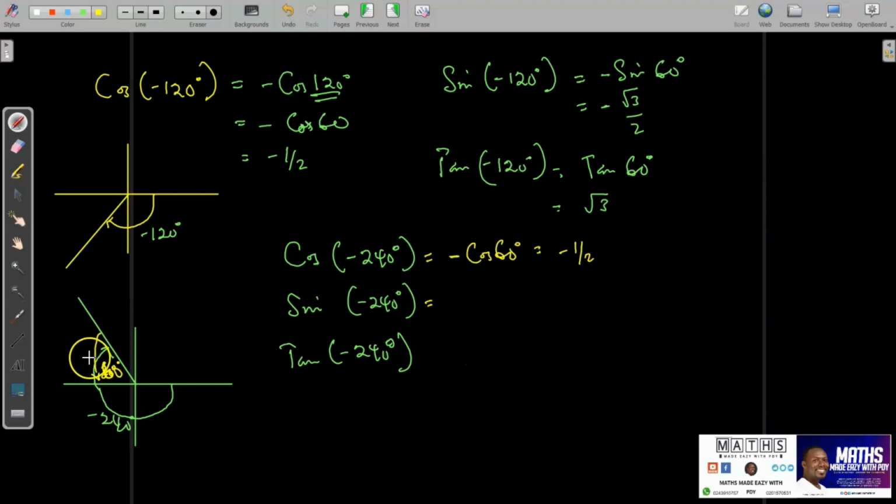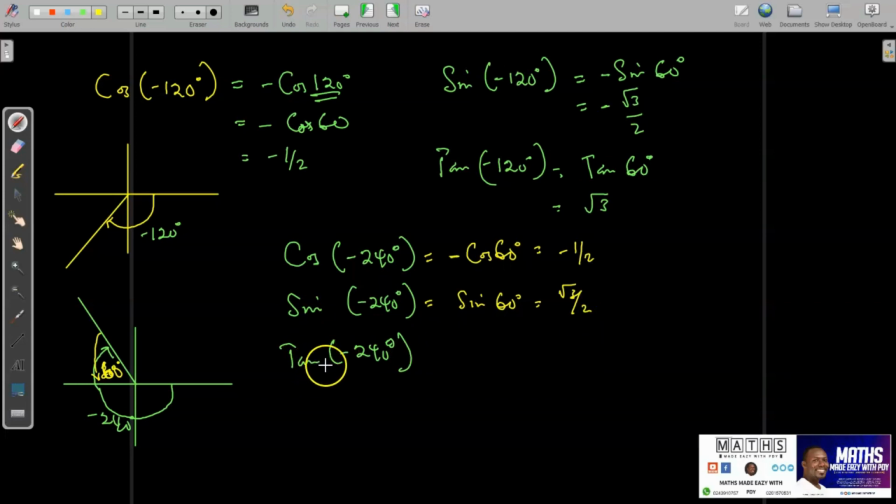Sine is positive in the second quadrant. So in other words, sine of negative 240 is the same as sine of 60 degrees, which is root 3 on 2.